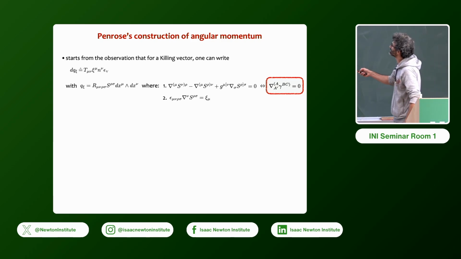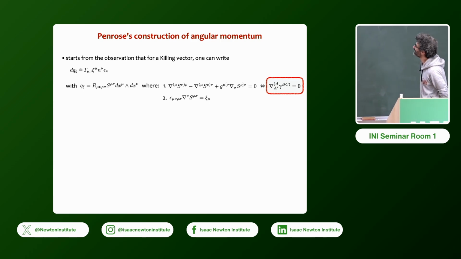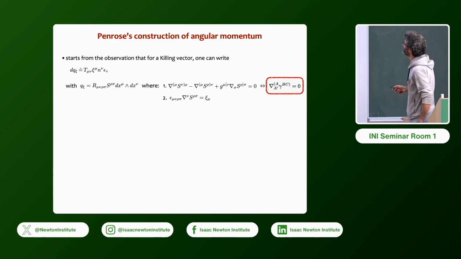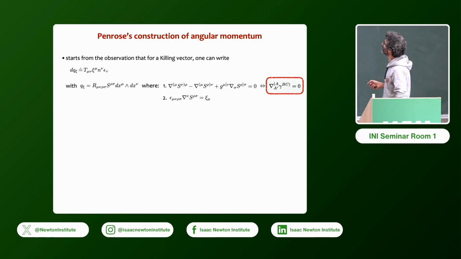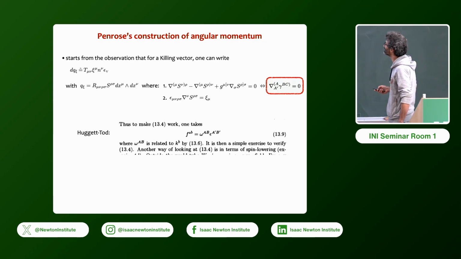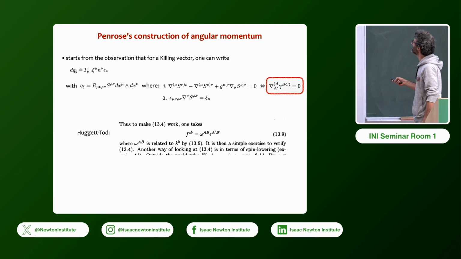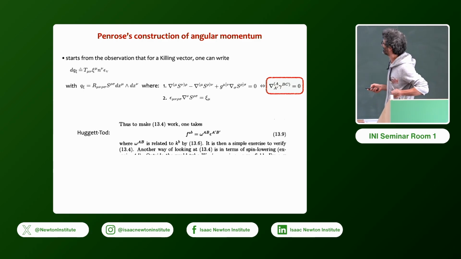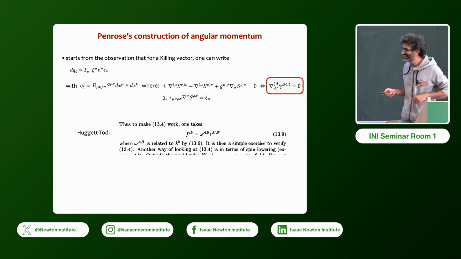Now it's actually not so obvious how to prove that. Before coming here I was trying to see how to prove it. I gave it a shot. I was not able to prove it. However, if you look at Hugget and Tod's book, it says it is then a simple exercise to verify that, which made me feel a little bit uncomfortable.